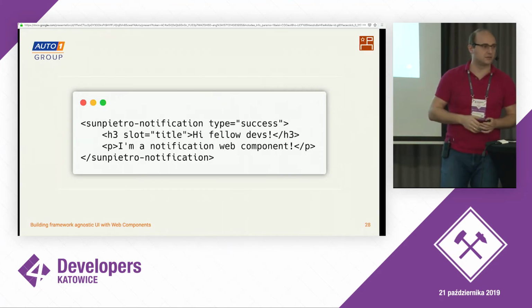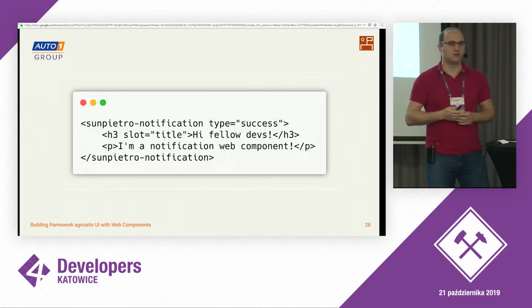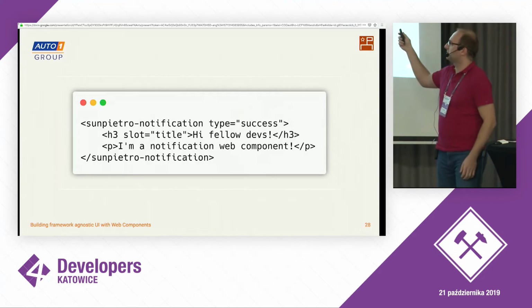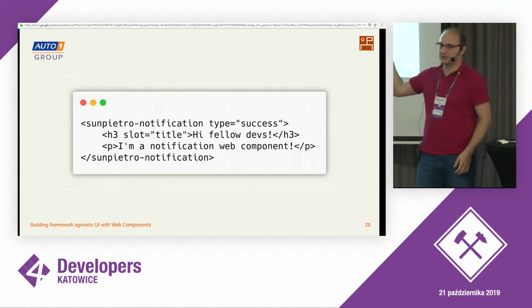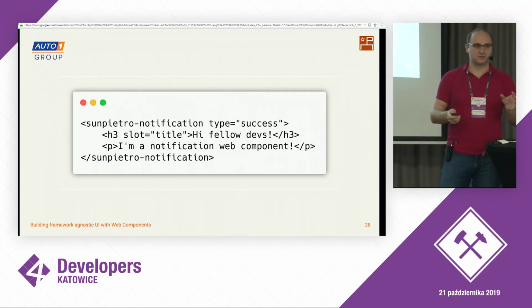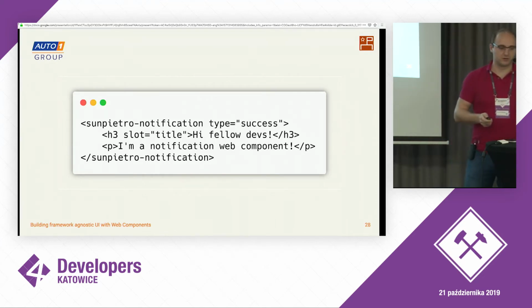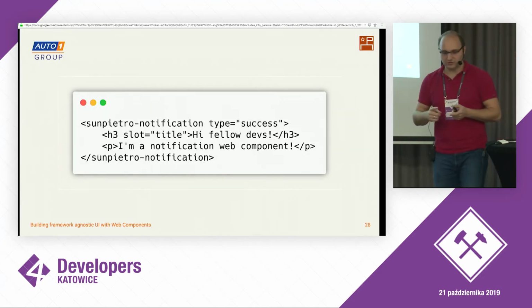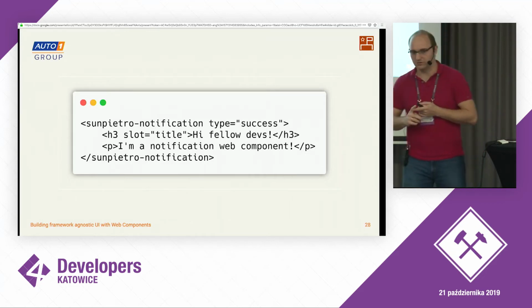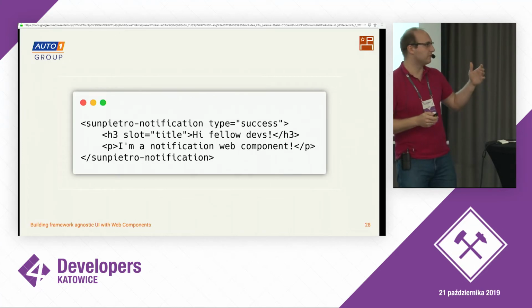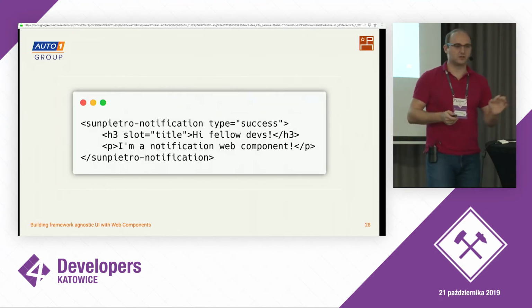In this case, this is a St. Peter notification. It's the tag that allows you to implement the notification feature. And everything that is rendered inside the notification tag will be displayed as children of this element. So the implementation of this feature is hidden behind the tag in the HTML. You don't have to load additional CSS, you don't have to load JavaScript, you don't have to think about the HTML markup you have to implement, you just add the tag to your HTML code.